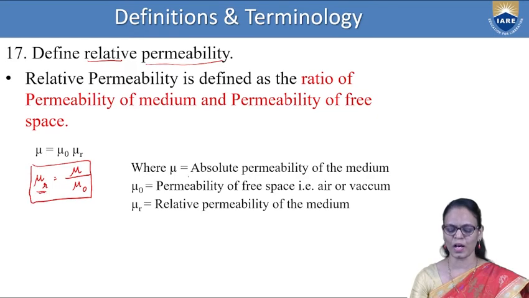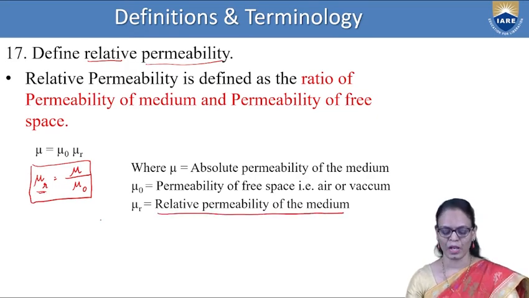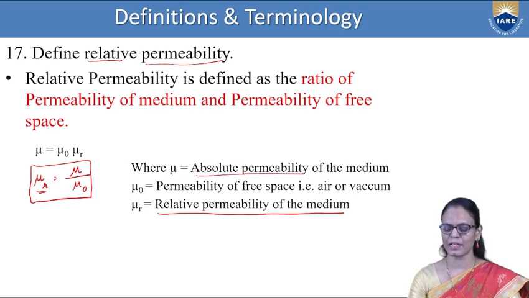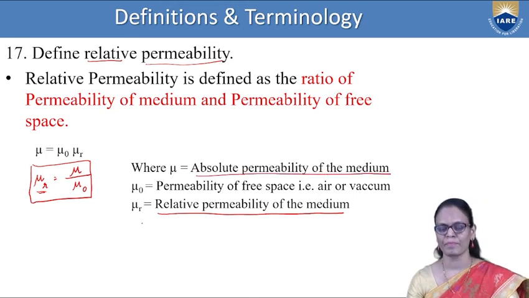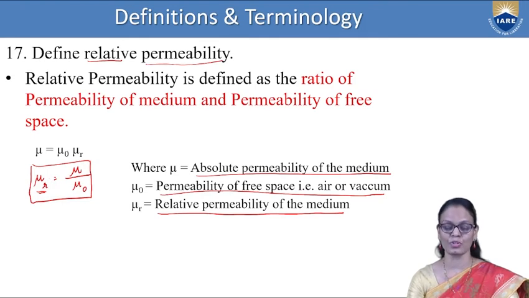What is mu r? It is the relative permeability of the medium. And what is mu? It is the absolute permeability of the medium. And what is mu naught? It is the permeability of free space or vacuum. So, relative permeability is the ratio of mu to mu naught.